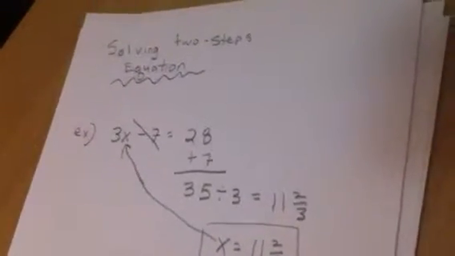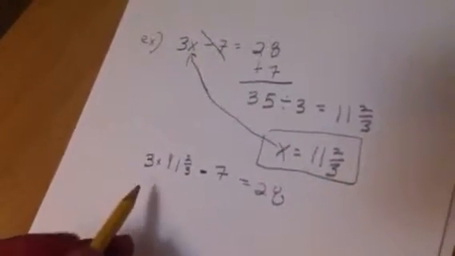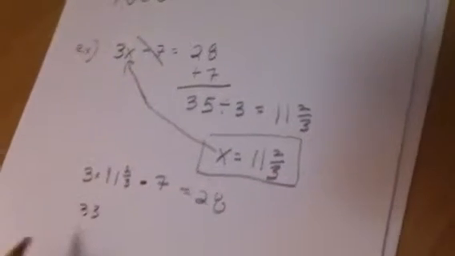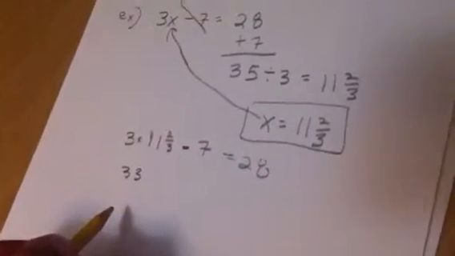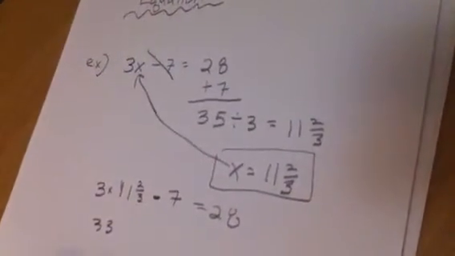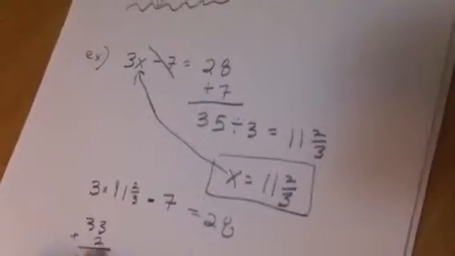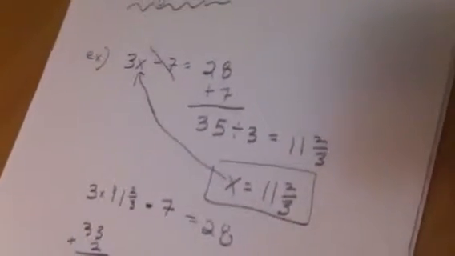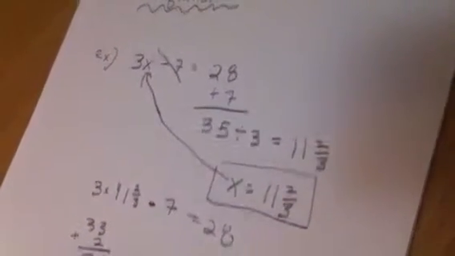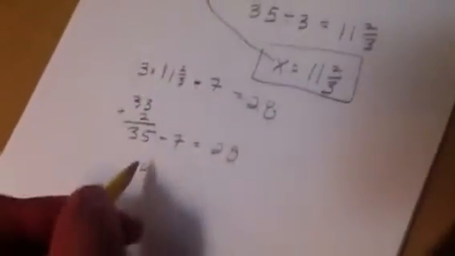So if you want to check it, it becomes minus 7 equals 28. So let's see. 3 times 11 is 33, right? And 3 times 2/3 is 2. So 33 plus 2 is 35 minus 7 equals 28. And that does equal 28.